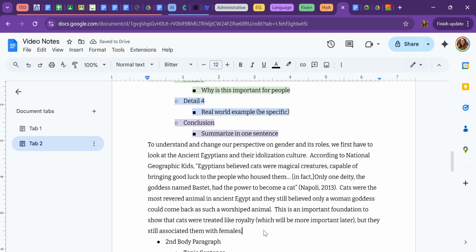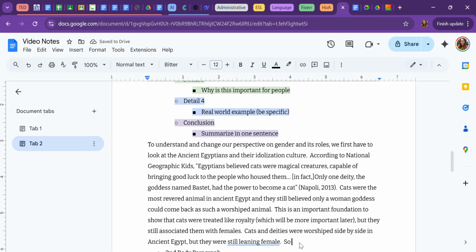And then conclusion, I'm going to kind of summarize this all together. Cats and deities were worshipped side by side in ancient Egypt, but they were still leaning female.